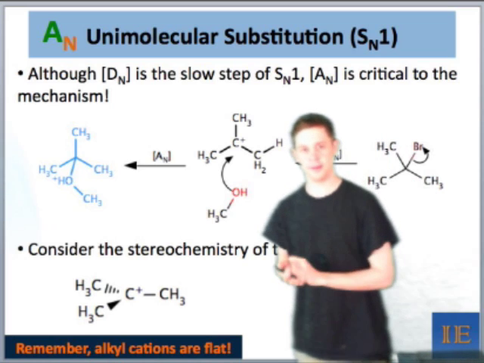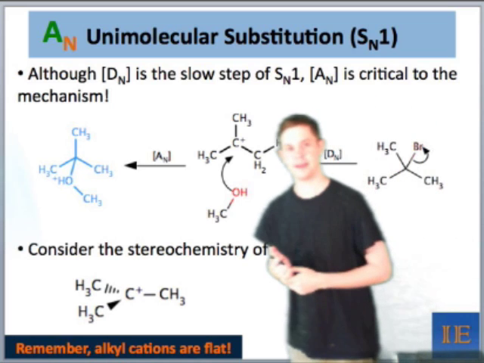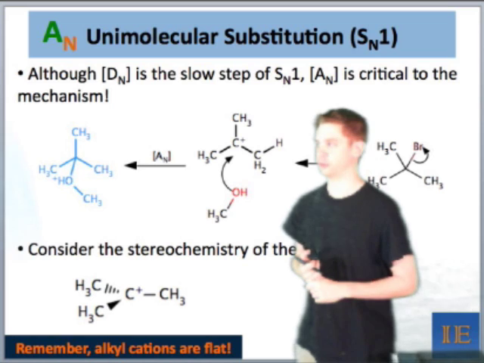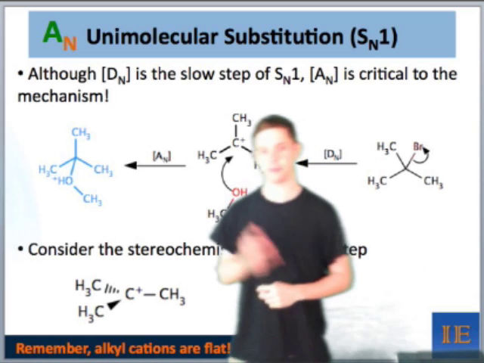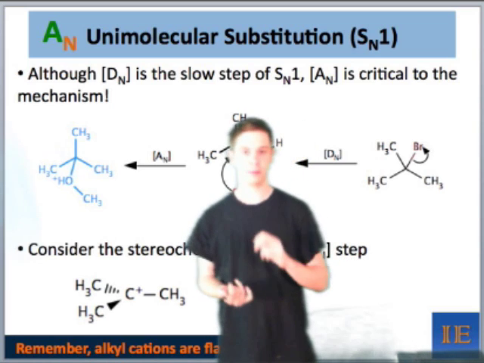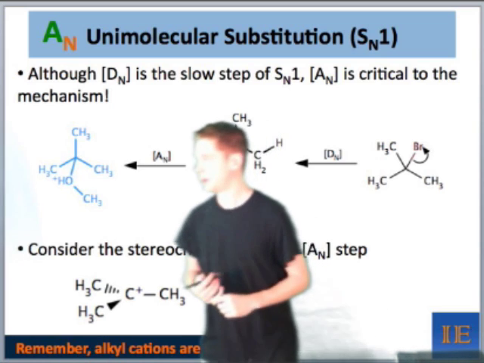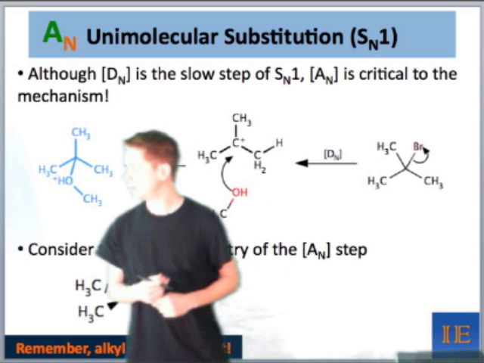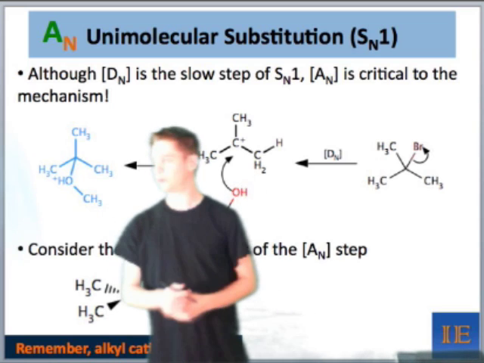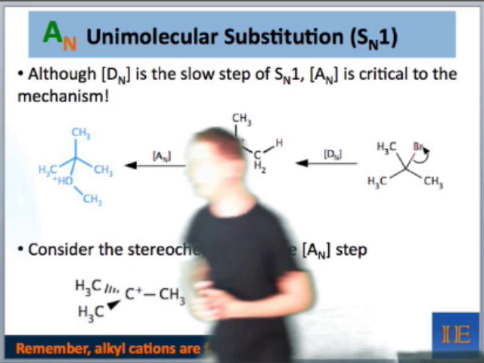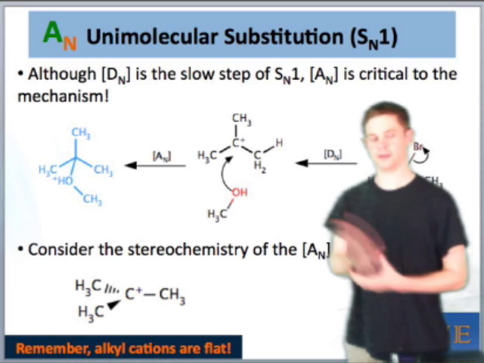Probably the most common application, and certainly the most famous application of the AN step is unimolecular substitution. Remember, we looked at this process in detail last time, and we saw that it's a two-step process involving both dissociation of a nucleofuge, which happens in the first step, that generates a cationic intermediate, and that cationic intermediate, which you see right above my shoulder here, goes on to associate with a nucleophile and produce a protonated compound.